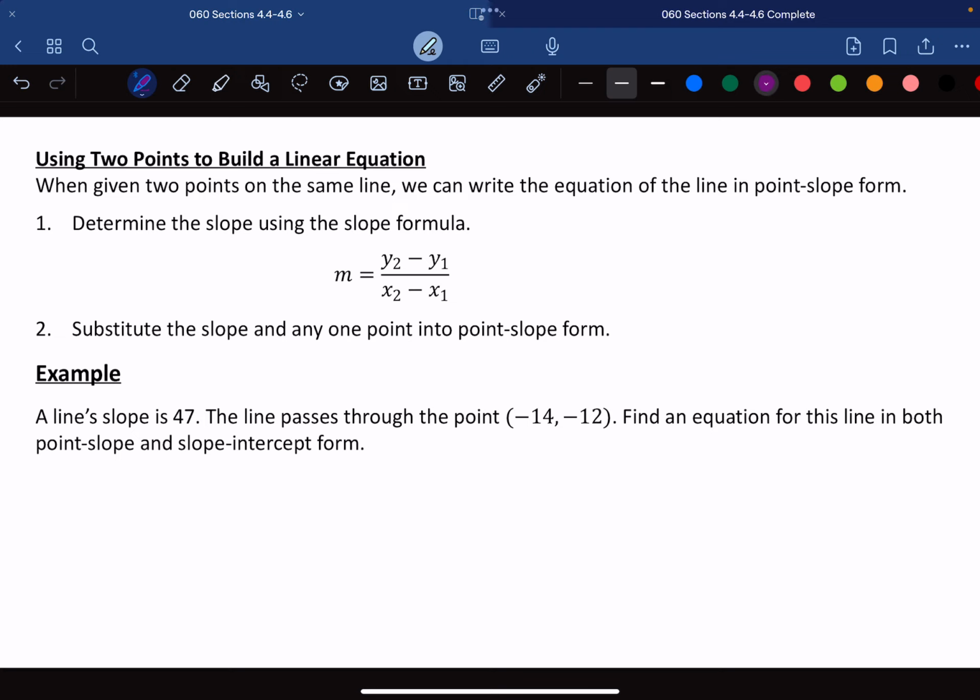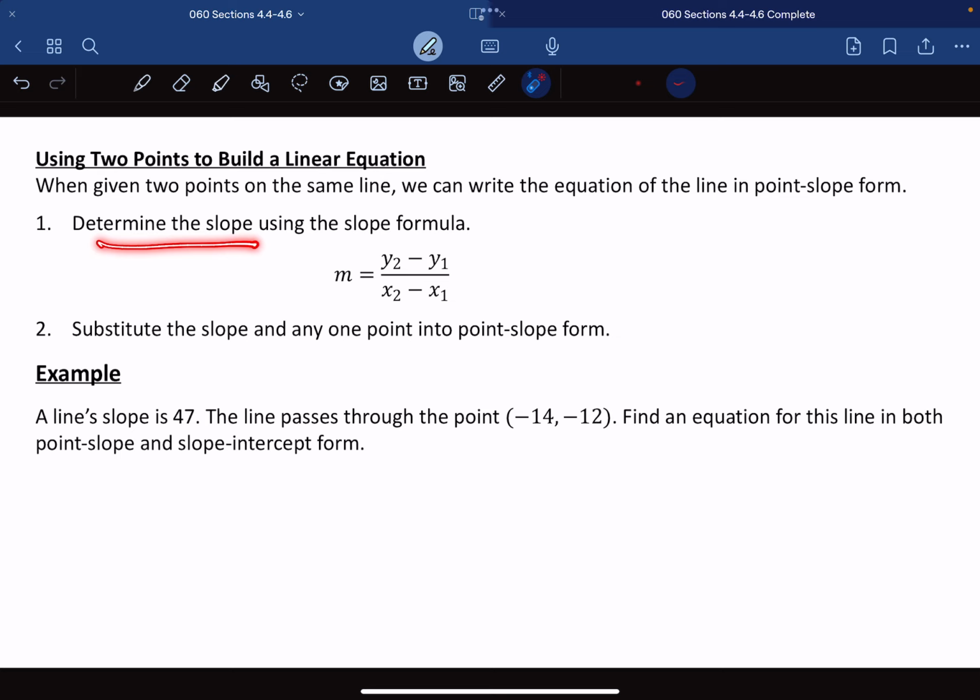The other thing I want to point out in this video is how to create an equation. If I'm given some information, I can create an equation written in point-slope form and then convert it into slope-intercept form. I've got some steps here, kind of like we did for slope-intercept.